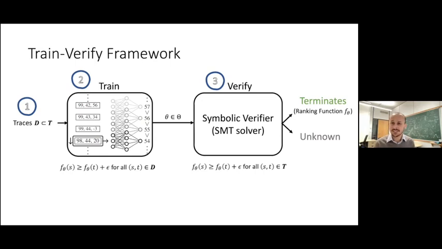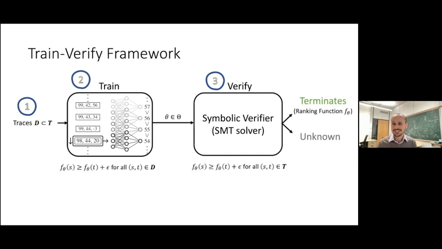While checking that a function decreases is much simpler. It's much simpler to do using automated reasoning. This can be done by an SMT solver. And so what happens? First, we train the ranking function using classical machine learning. Then we check whether it decreases, and this is easy to do. If it decreases over all possible transitions, we are happy. The program terminates. Otherwise, we can't say anything. If it doesn't decrease, we can't say anything.